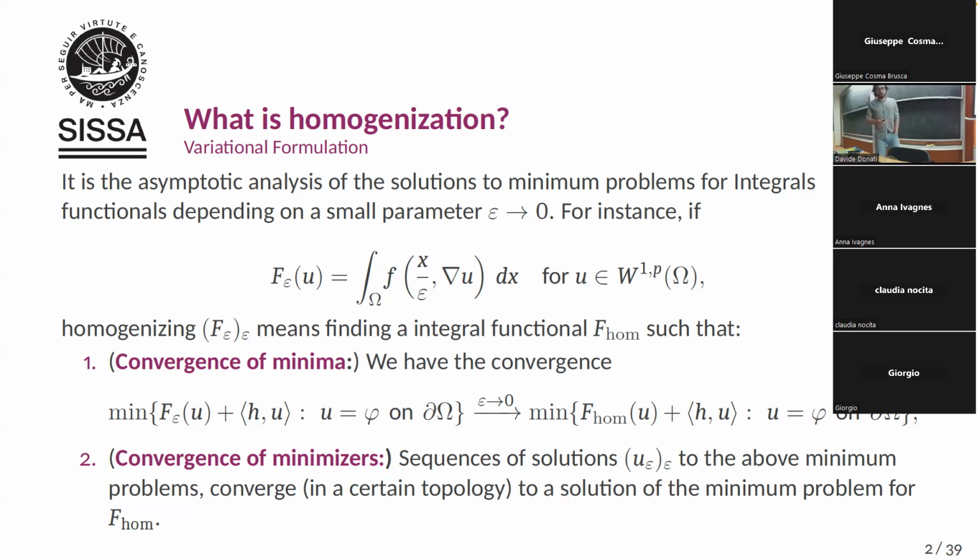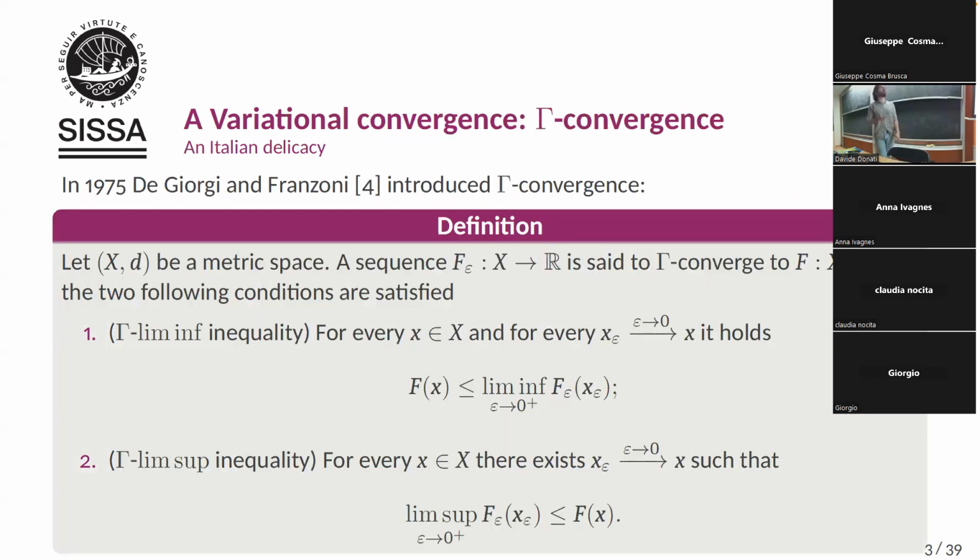To formalize better these two different convergences, in 1975, De Giorgi and Franzoni introduced a very well-known notion of convergence, that is gamma convergence. We'll give briefly a definition for those of you who have never seen it. At least on a metric space X, gamma convergence will be the datum of two different inequalities.